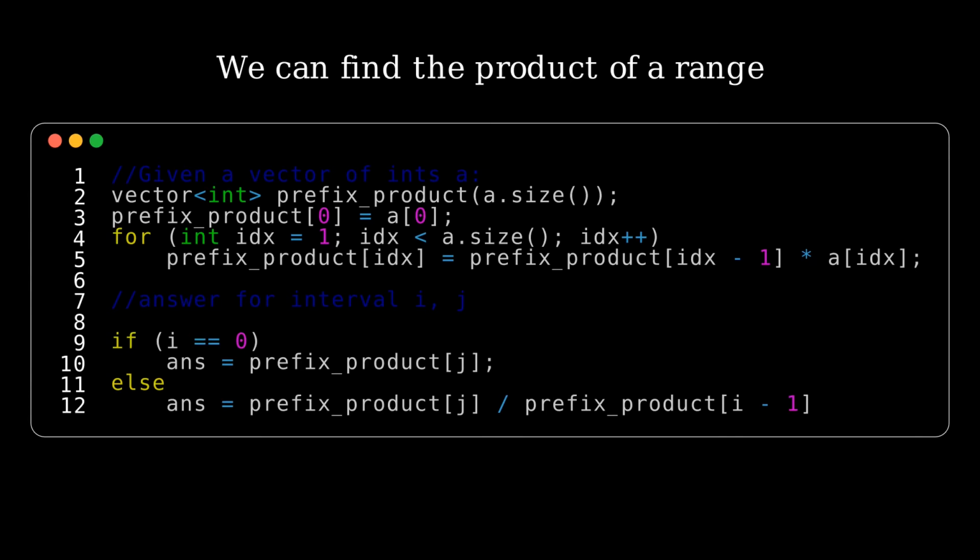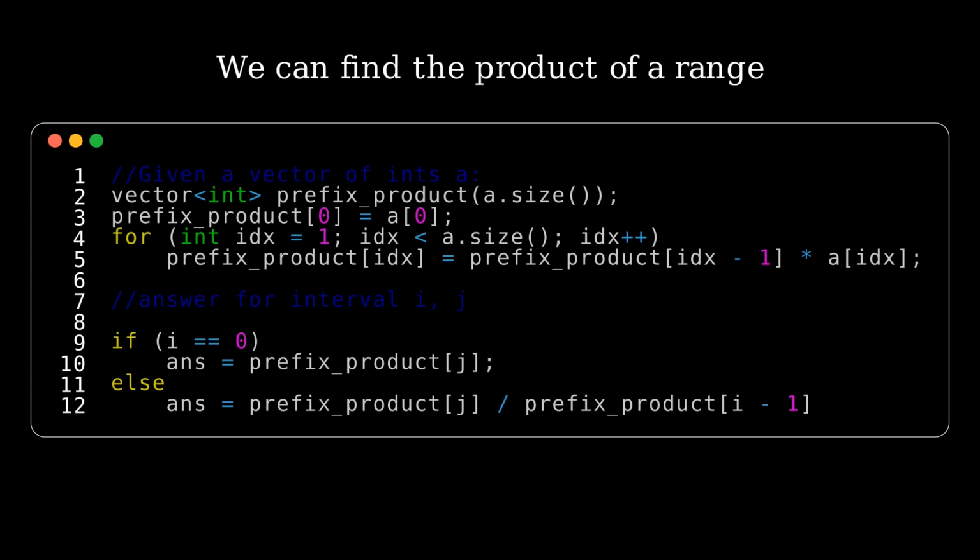The only difference is that for pre-computing the prefix product this time, we use multiplication instead of addition, and the answer, if I is different from 0, would be equal to the prefix product of j divided by the prefix product at I minus 1.